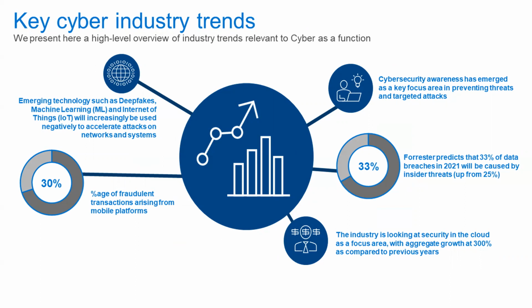We've seen a big abundance of machine learning and just IoT devices, which are used negatively to accelerate attacks on networks. So those of you that aren't familiar with IoT devices, these are going to be your little cameras and your thermostats and things that you use in your home that are now all smart and internet connected for our own convenience.